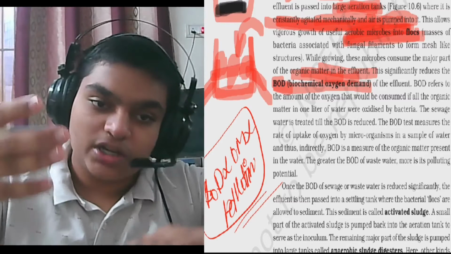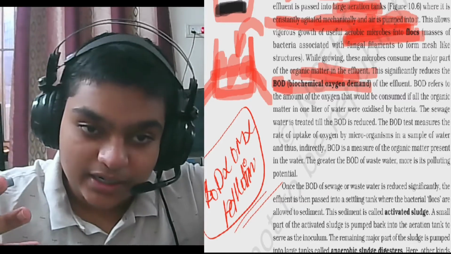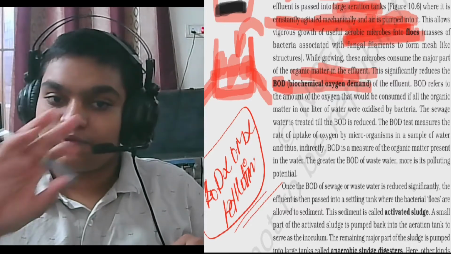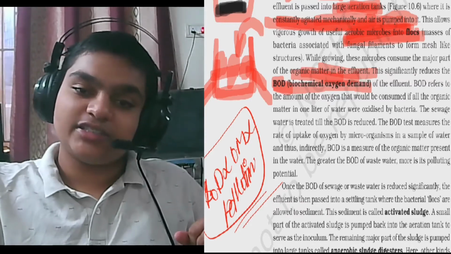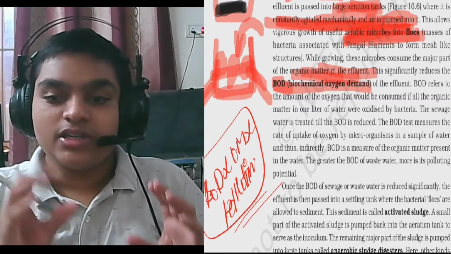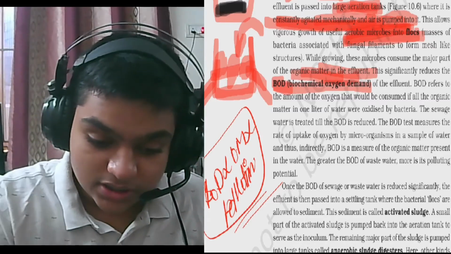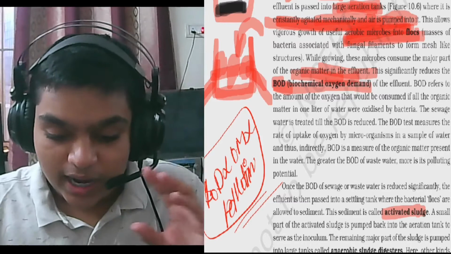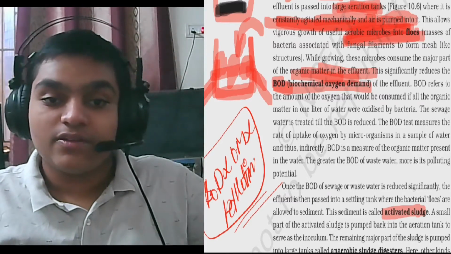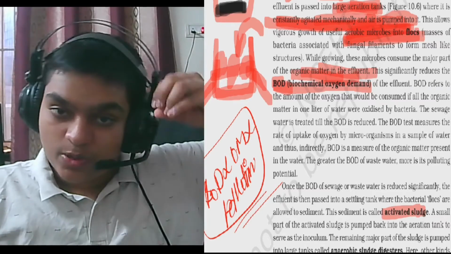Now this water is treated well and can be released into the rivers, and this is called the secondary effluent. The flocs which are produced here are called activated sludge, and a small part of it is added to the next procedure when the primary effluent is put into this.